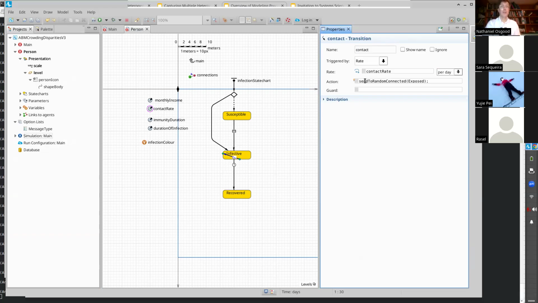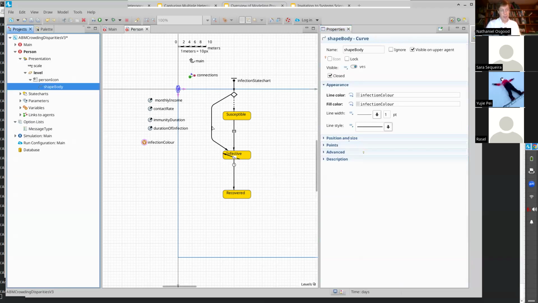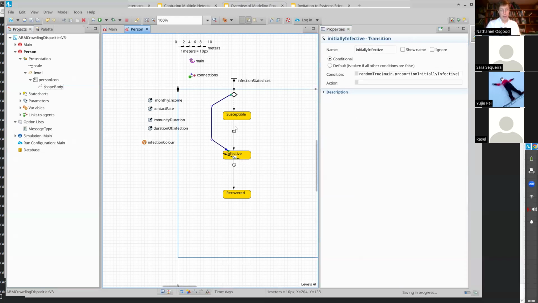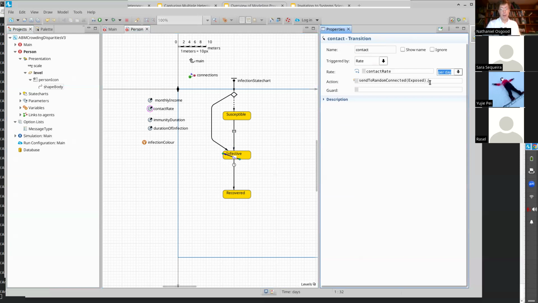Sorry, I was mistyping; it's case sensitive. If I put it in quotes, it wouldn't have done it. But here it knows the message, exposed, because we declared it among our message types. So it knows how to fill it out and send it properly. If I'd done a quote, it wouldn't have matched in case, and we would have been delayed in our lunch.